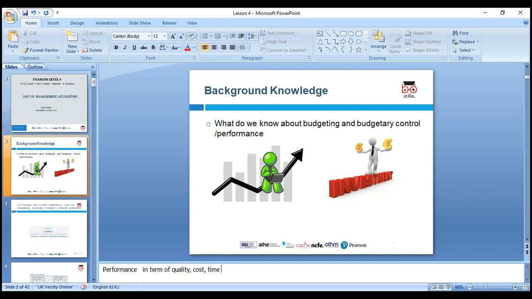So how much time somebody took, how much it cost us, and the quality of the product: how much product is being wasted or rejected, or the customer satisfaction. That all comes under quality. So quality needs to be improved, cost needs to be minimized, and time needs to be reduced. That all comes under performance.